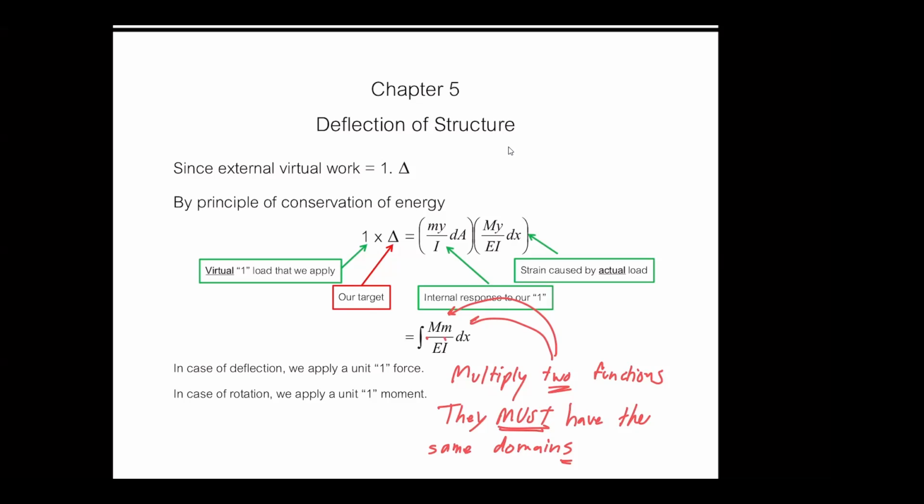For example, if you have the moment diagram of the actual load looks like this, now you know you need two equations, one for this and one for that. But somehow the moment diagram of your virtual load looks like this. You need only one equation to explain this linear line, right?